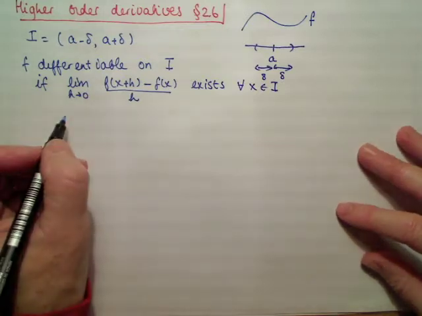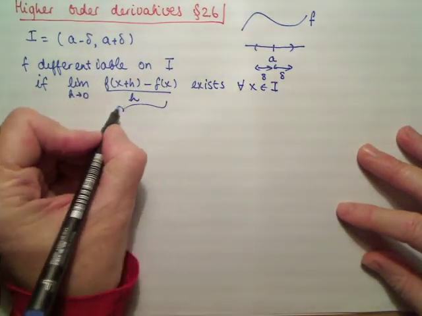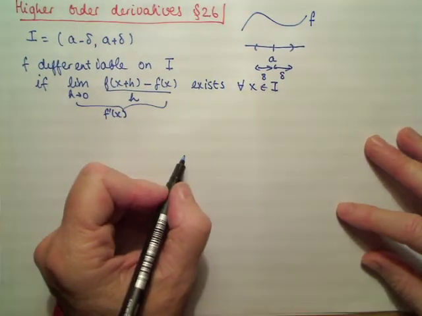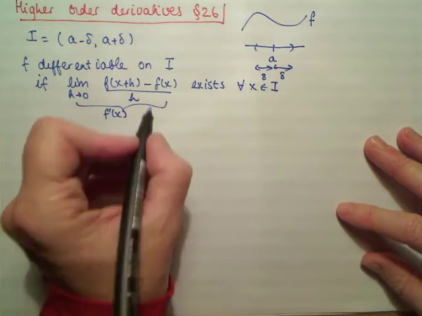And then if this limit exists, we will call it f prime of x, and we call this function the derivative.